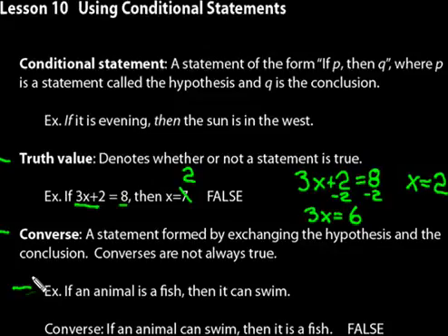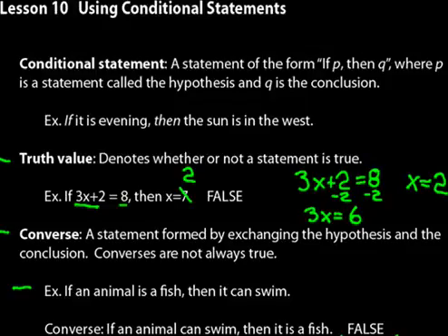So the conclusion becomes the hypothesis: if an animal can swim, and the hypothesis becomes the conclusion, then it is a fish. But that's not true. There's other animals that can swim. People can swim. So the converse is not always true, not necessarily true. Theorems 6-5 and 6-6 are examples of when the converse is true.